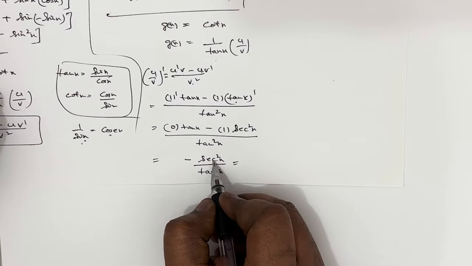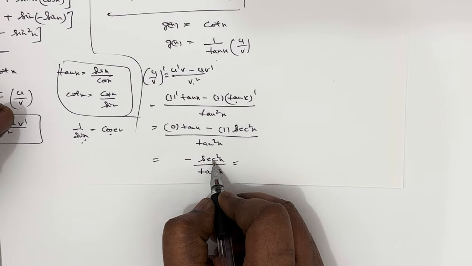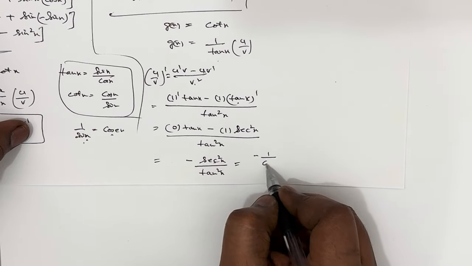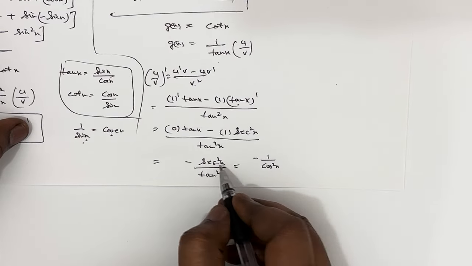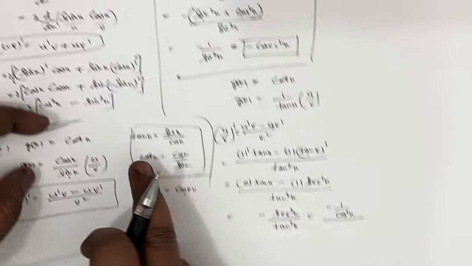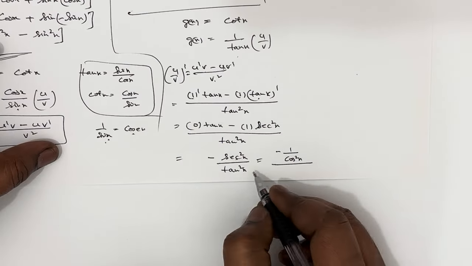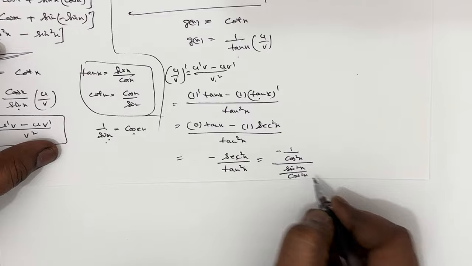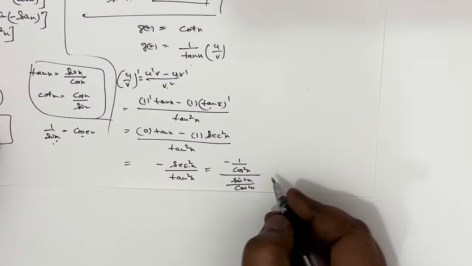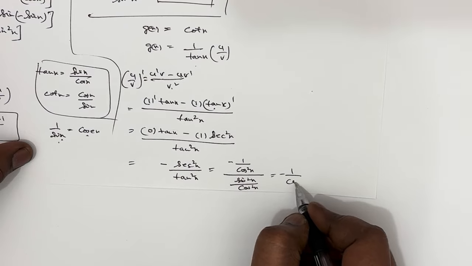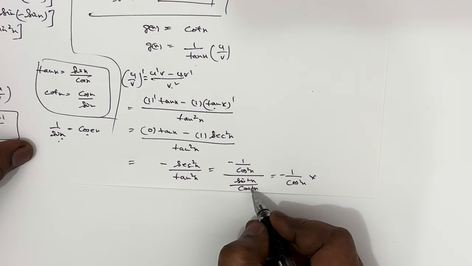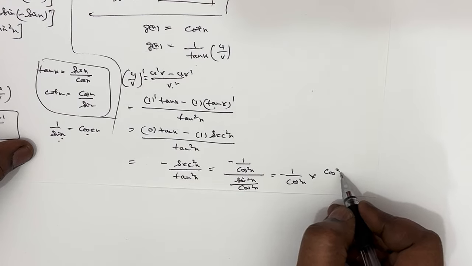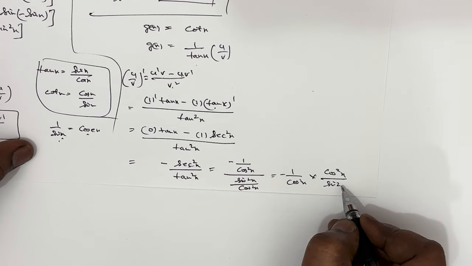Now secant is the reciprocal of cos, so this can be written as minus 1 by cos square x, and tan can be written as sine by cos. Tan square will be sine square x upon cos square x. So this can be multiplied as 1 by cos square x multiplied by the reciprocal, cos square x upon sine square x.